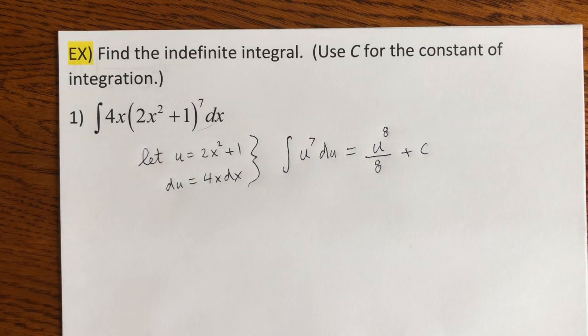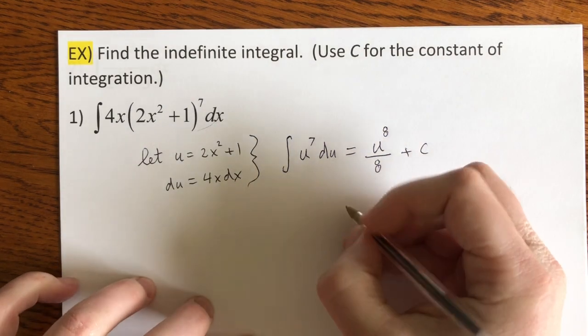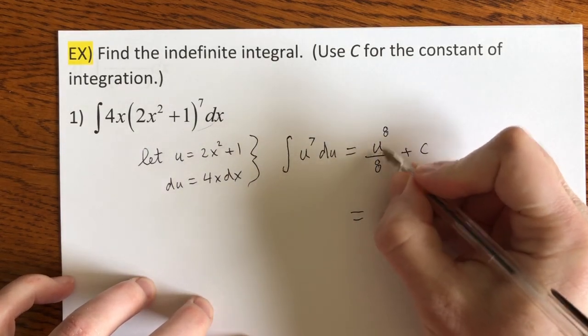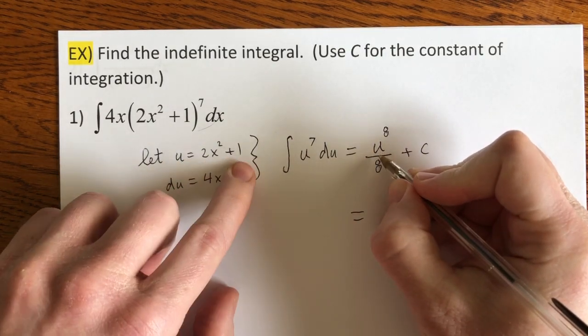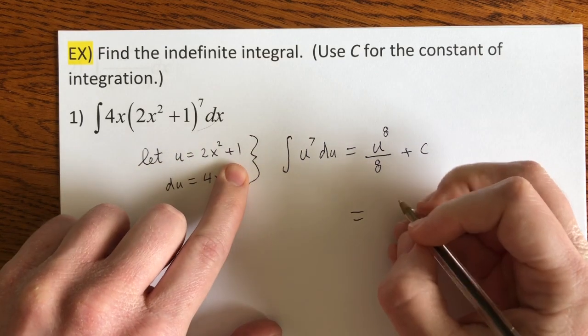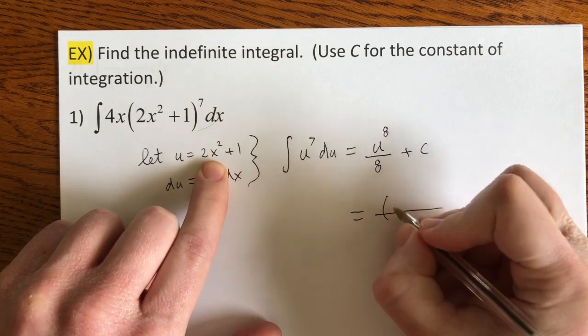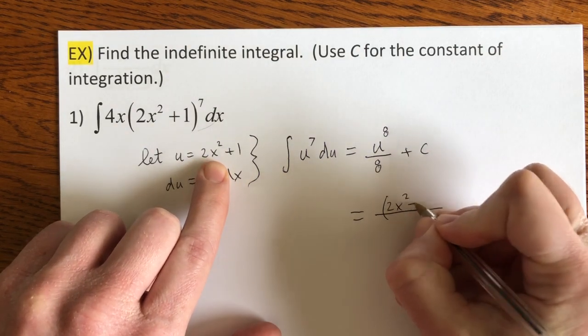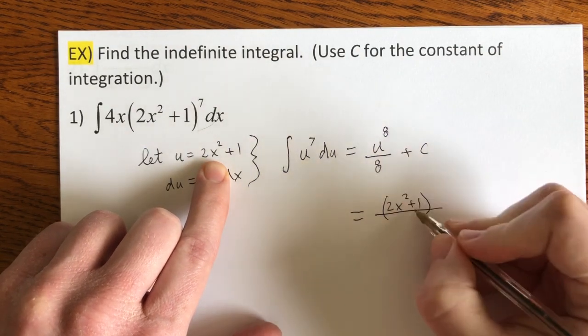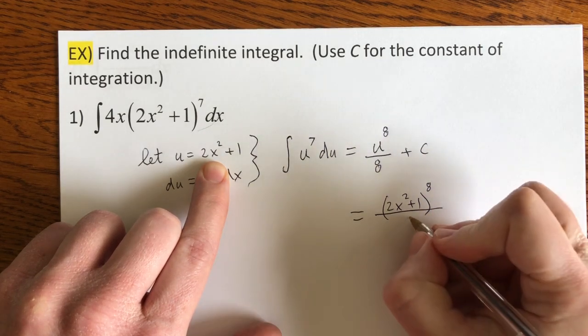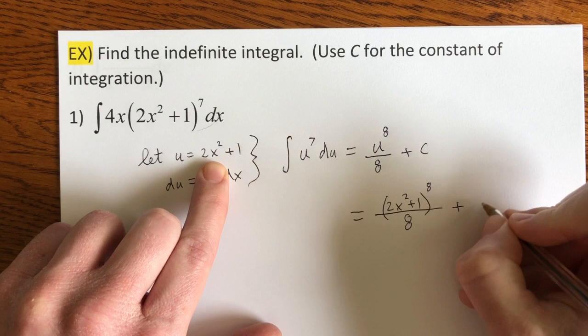We're almost finished. At this point, we use substitution one more time, and we replace this u with what it's equal to. So our final answer would look like this. 2x squared plus 1, that's what u is really equal to in terms of x. That's all to the 8th power, all over 8, plus c.